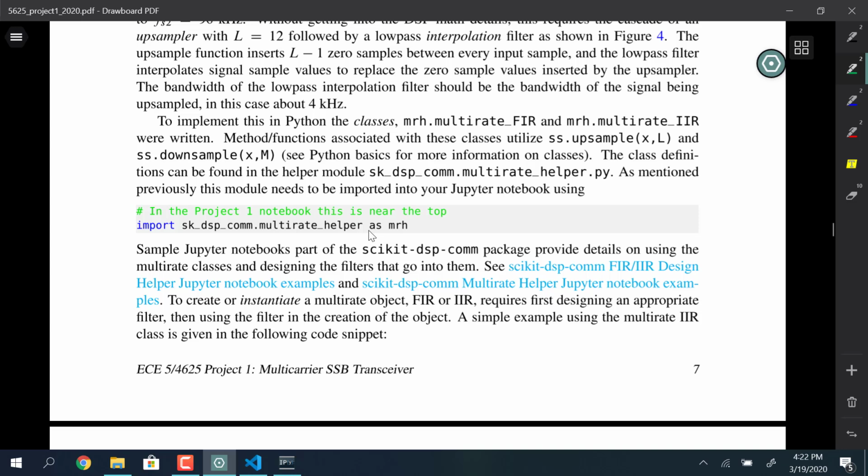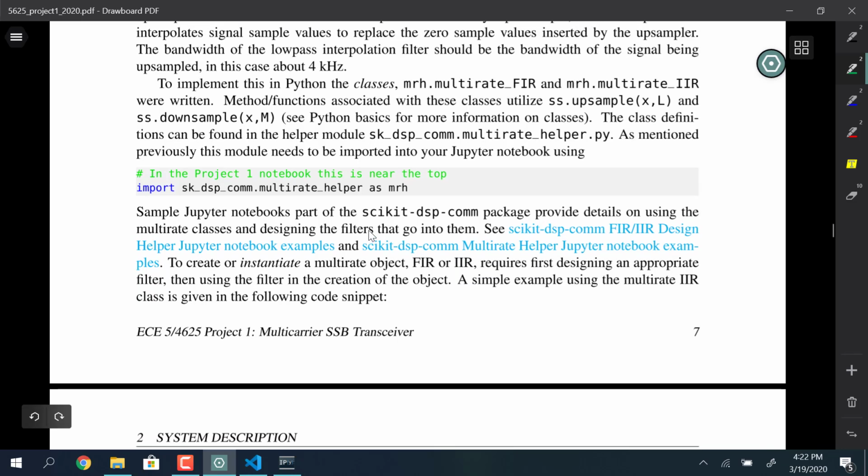And multi-rate sounds pretty sophisticated, but you're going to just use it at a high level in this project. Multi-rate just means you have more than one sampling rate inside of a set of algorithms for a design. And I've got helps for that.